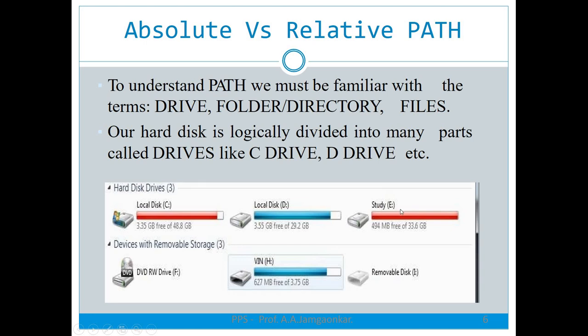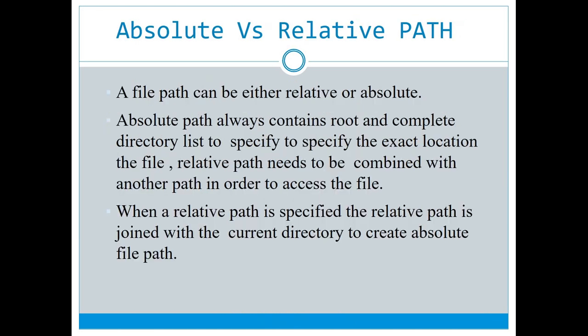The C, D and E drives can contain multiple folders. One folder can contain subfolders and various files inside it. So when we provide the path, there are two types available: the absolute path and the relative path.